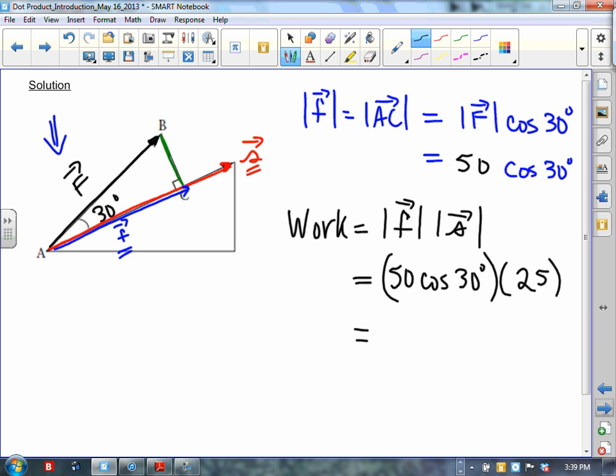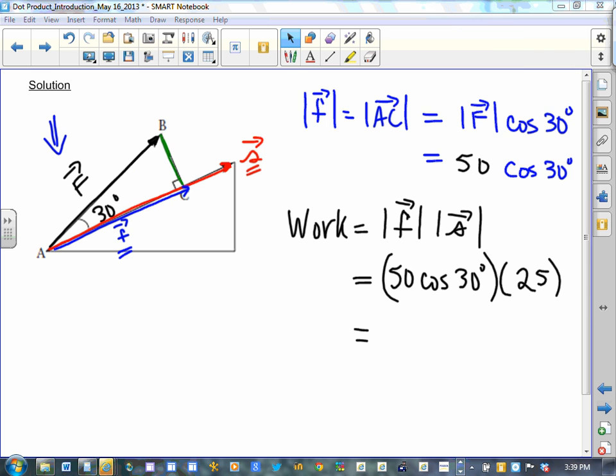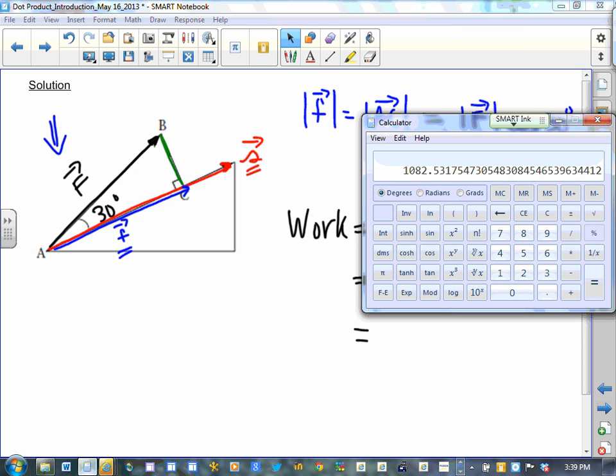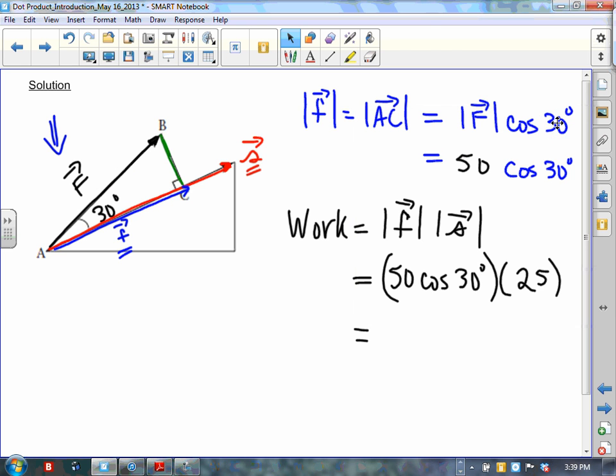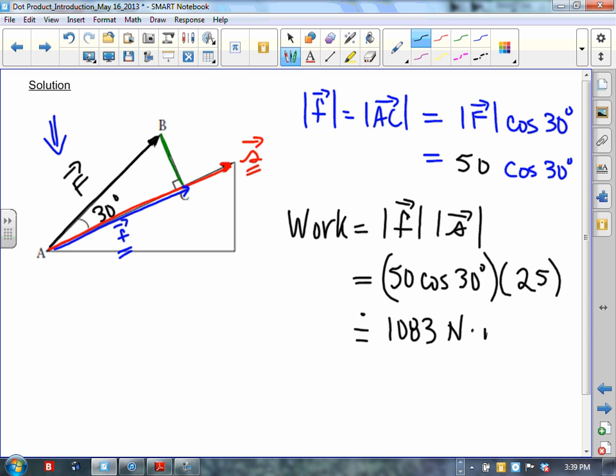And if you calculate that, I think I had that here earlier on. I had my calculator out. I was just checking some numbers. It worked out to be 1,082, so we'll round that up to 1,083 given the 0.53. So we've got approximately 1,083, and that would be whatever units. In this case, the units are Newton meters, force applied through a distance.